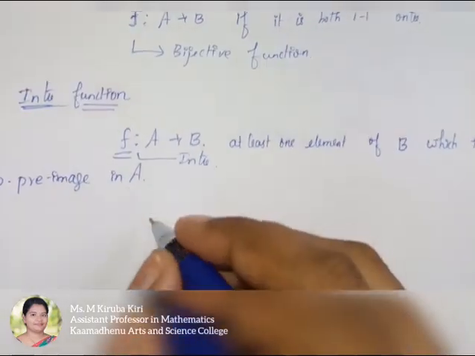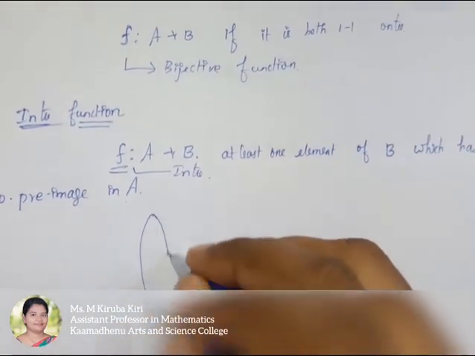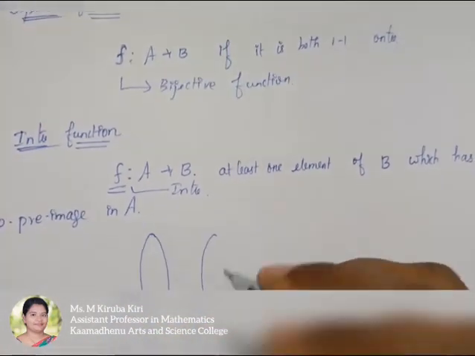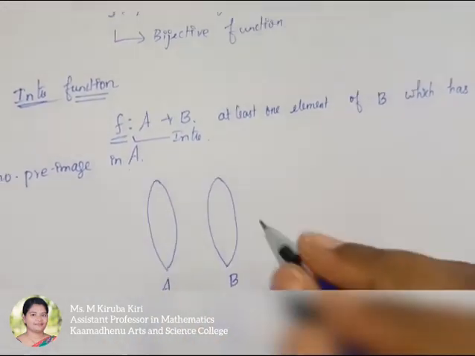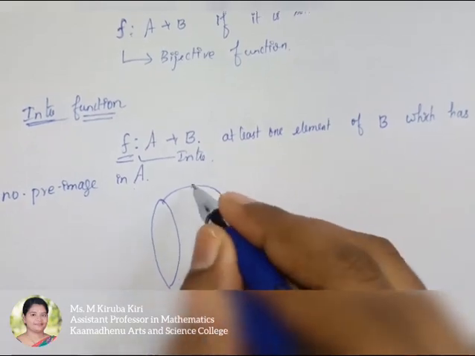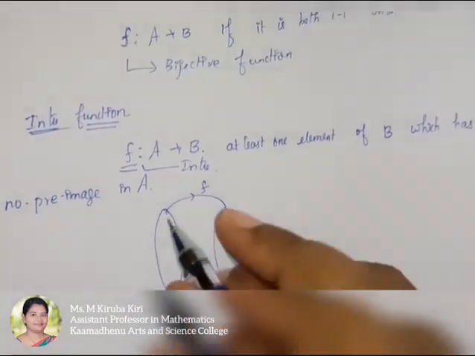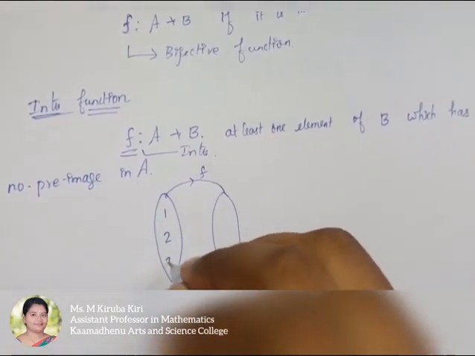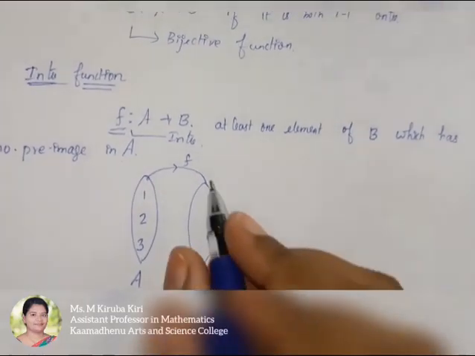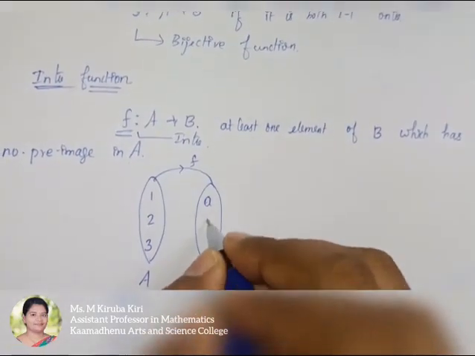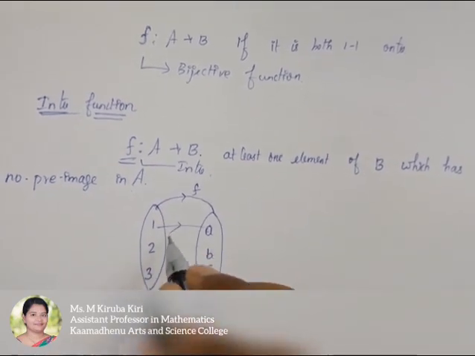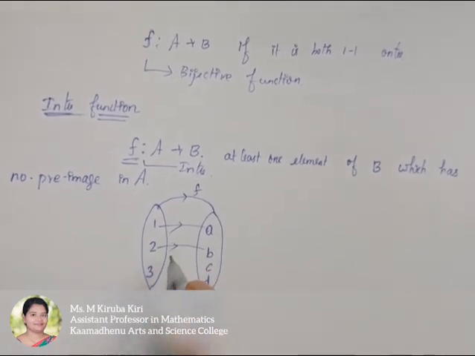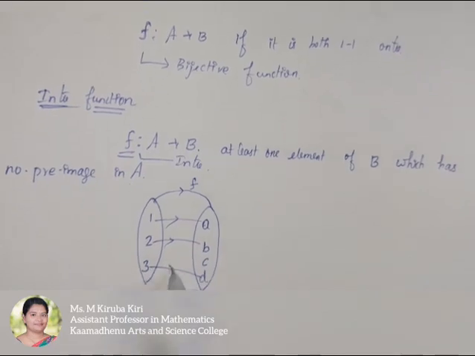For an example, f is mapping from A to B. This is set A, this is set B. A contains the elements 1, 2, 3 and B contains the elements a, b, c, d. 1 is related to a, 2 is related to b, 3 is related to d.